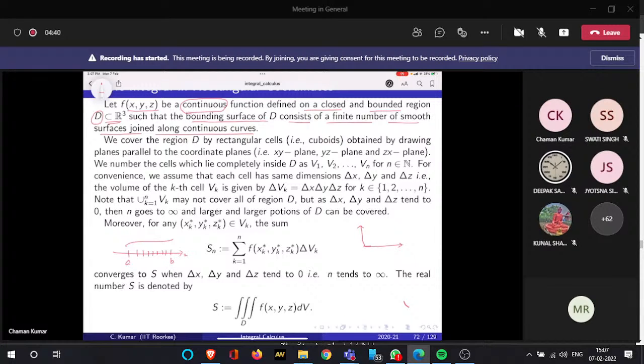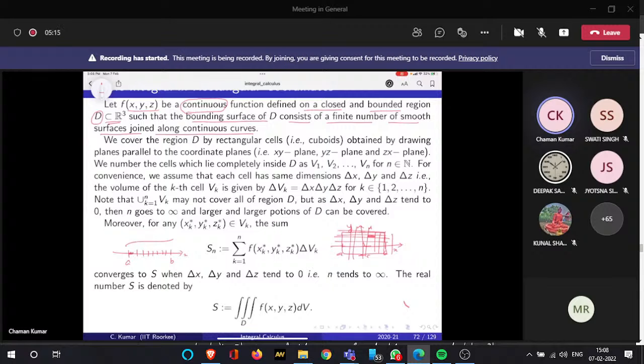a function of two variables, and let us say a, b, c, d. This is the region, this is the domain of the function. So what we did is we partition along the y-axis and along the x-axis, and in that way we have made rectangular squares.